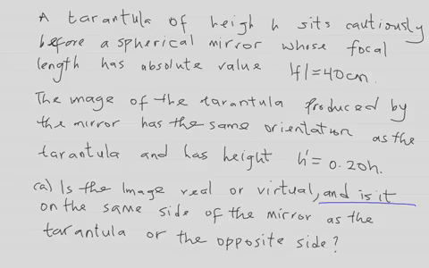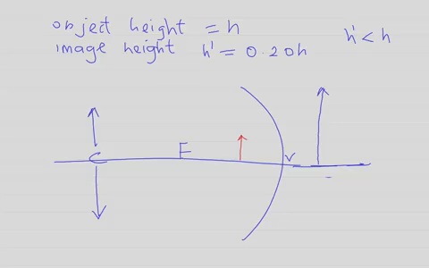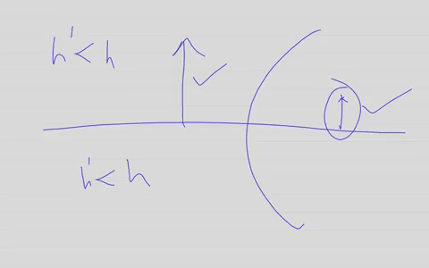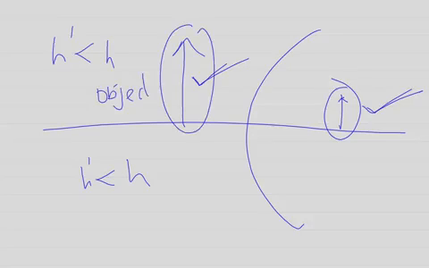Okay, if it is virtual, then it's not going to be on the same side of the mirror. So this one will not apply. What applies is this. This is the object, and this is the image.